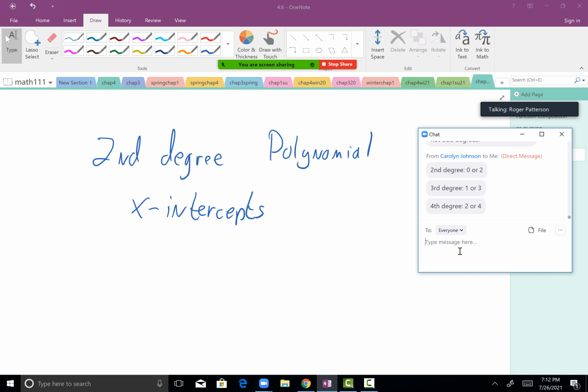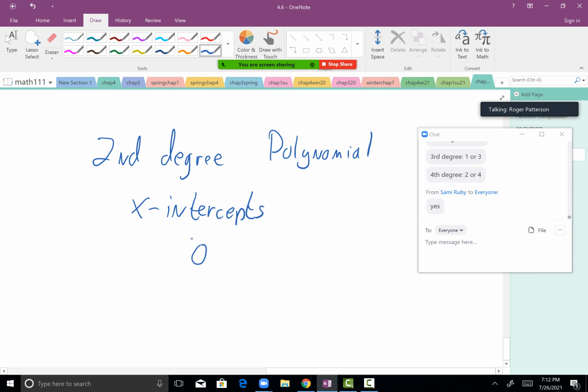So if we have a second degree, let me ask you this. I got a couple people who got this figured out. Can we have 0 x-intercepts on a second degree? Yes, good. Can I just have 1?